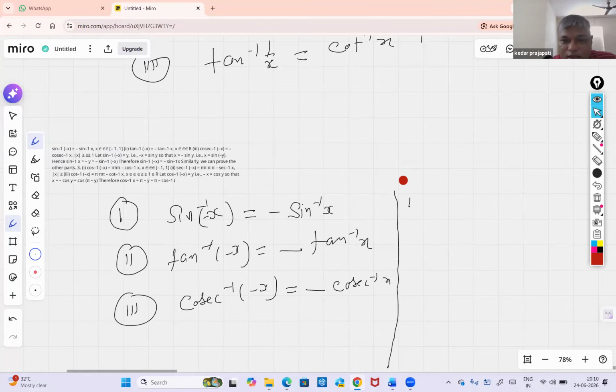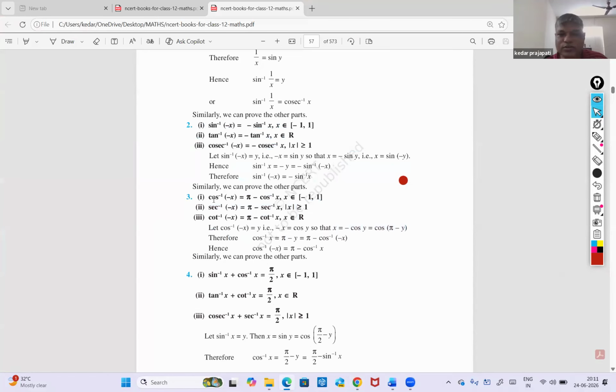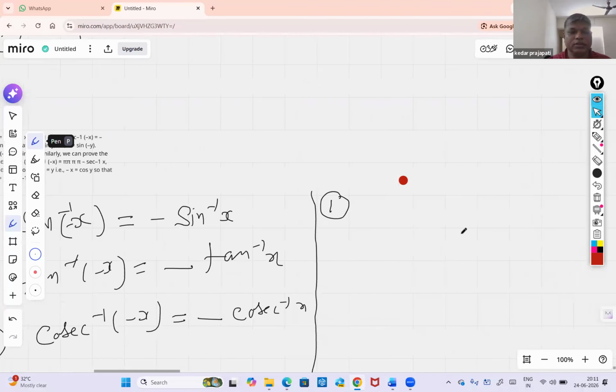Then the other property: sine, tan, and cosec we have done, correct? What will be the next one? So cos, sec, and cot. Cos inverse minus x is pi minus cos inverse x.